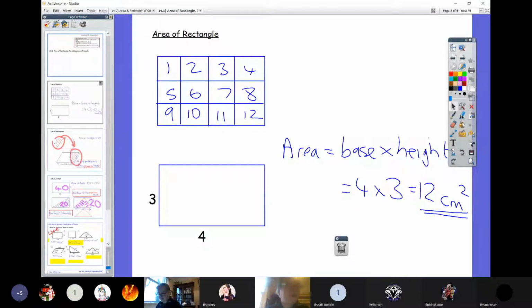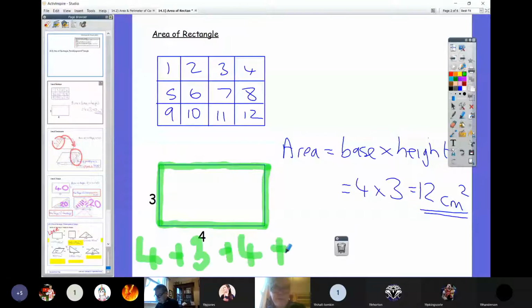If we were running around this shape, we would go 4 miles across, then 3 miles down, 4 miles across, 3 miles up. So the perimeter would be 4 plus 3 plus 4 plus 3. Easy peasy. So that's a rectangle.